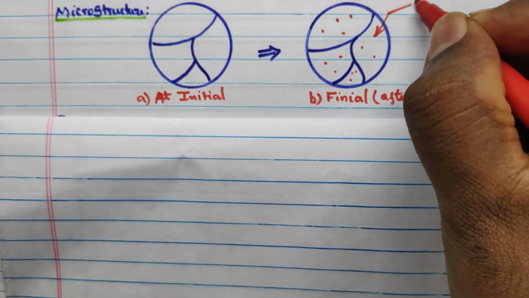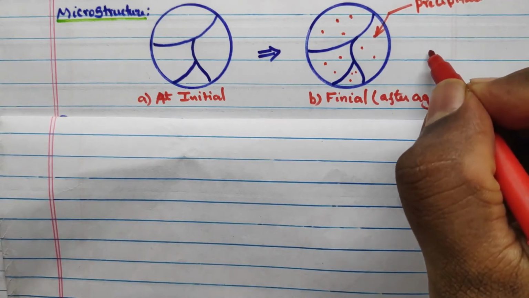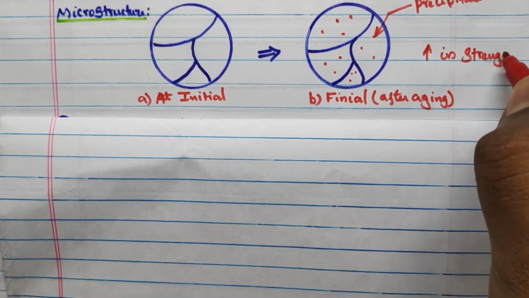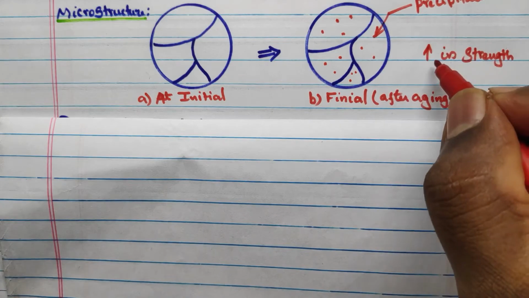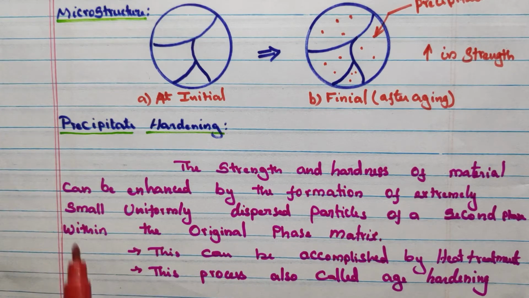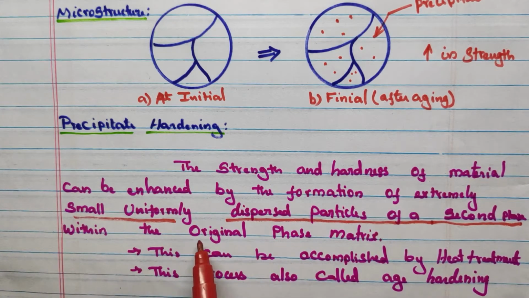Because of this precipitate formation there will be an increase in strength in the material. For better understanding, I can describe precipitate hardening as follows: the strength and hardness of a material can be enhanced by the formation of extremely small, uniformly dispersed particles of a second phase within the original phase matrix.